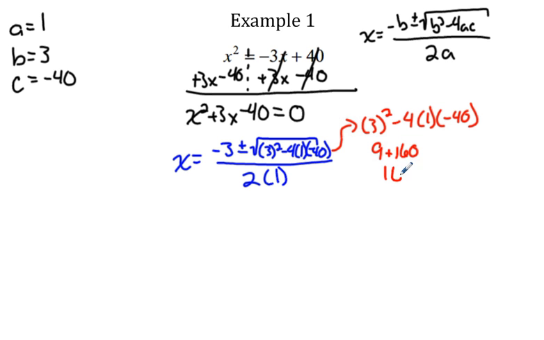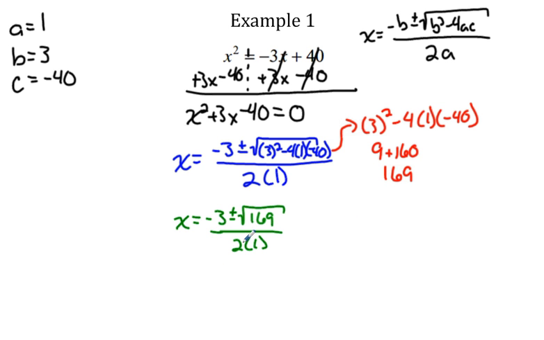So I get 169 for my discriminant. This is positive, so that means I am going to have two real solutions. Now I'm going to plug that back in and finish evaluating. So we got negative 3 plus or minus the square root of 169 all over 2 times 1.